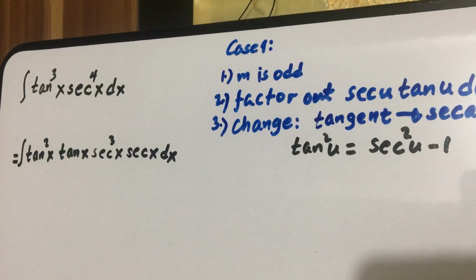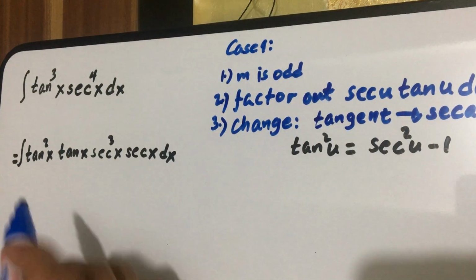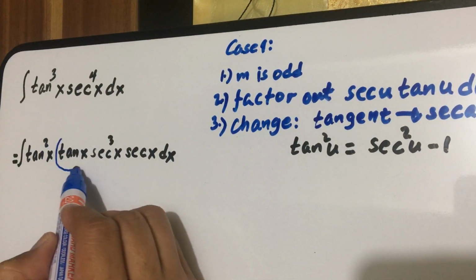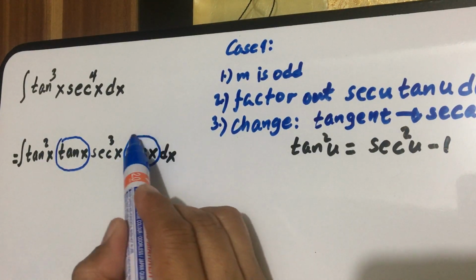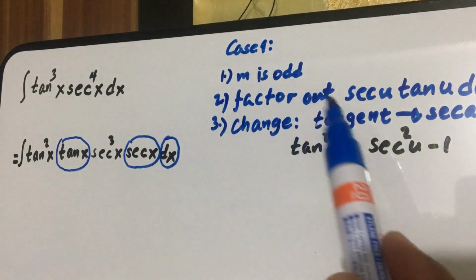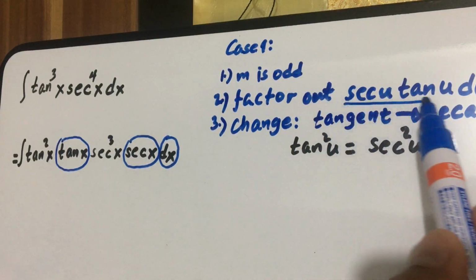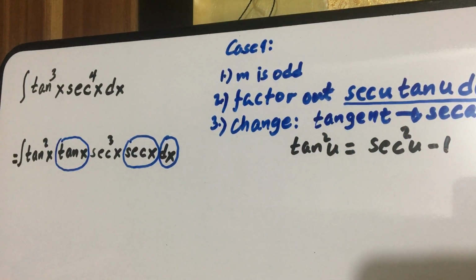Then combining this tangent x and also secant x and this dx, so that we can factor out following that rule.